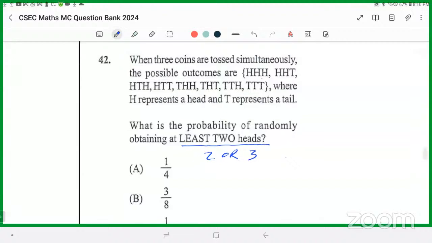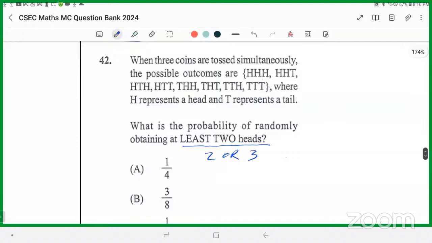So I count how many of them there are. Let's underline them. 2 or 3 heads. So you have 3 heads here, 2 heads here, 2 heads here, 2 heads here. That's 1, 2, 3, 4. How many possibilities are there? 8 in all.